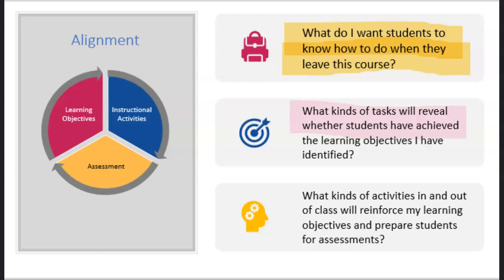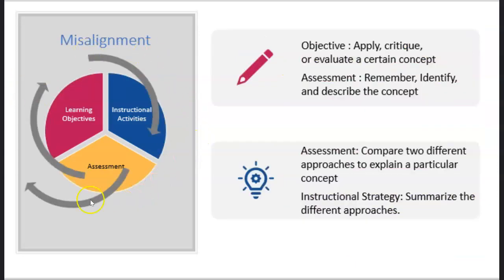What kind of tasks will reveal whether students have achieved the learning objectives I have identified? And 3. What kind of activities in and out of class will reinforce my learning objectives and prepare students for assessment? If there is misalignment among the three, then obviously the objectives are not met.